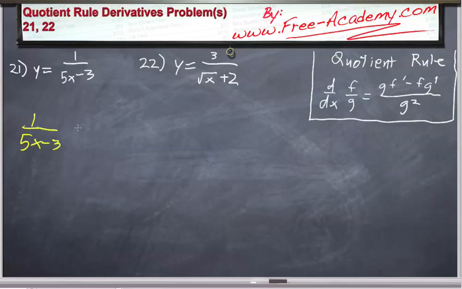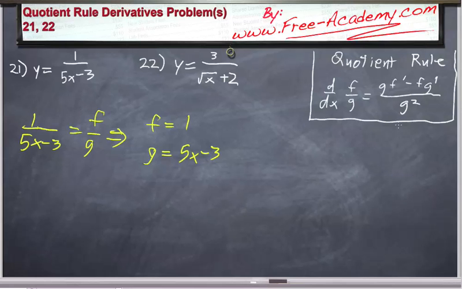We have y equals 1 over 5x to the minus third. This is going to be equal to f divided by g, which is going to imply that f is equal to 1 and g is equal to 5x to the minus third. One thing that I like about quotient rule problems as opposed to product rule problems is that what is f and what is g tends to be a lot more obvious.